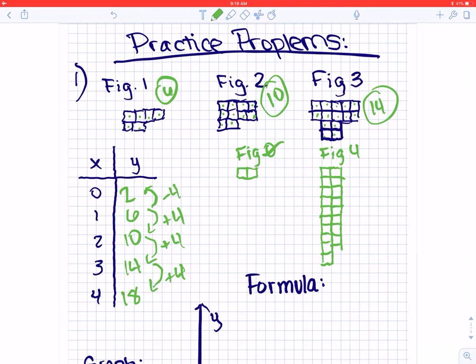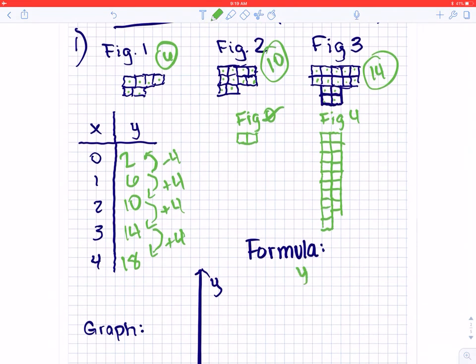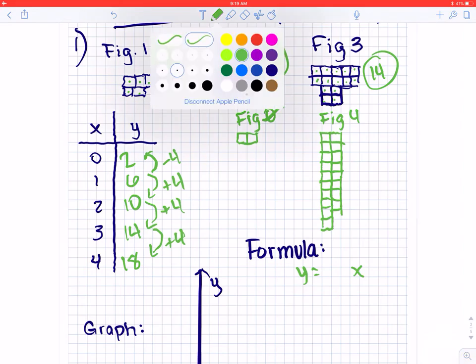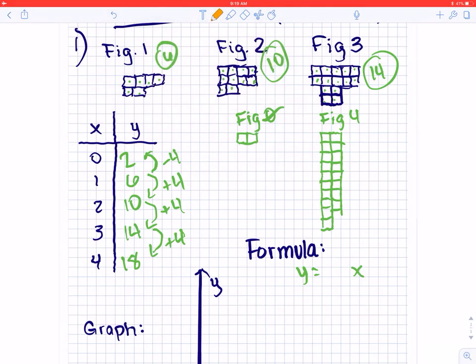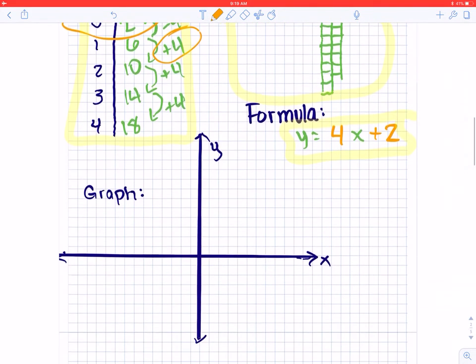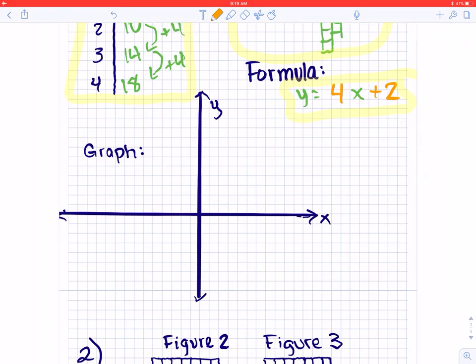Now I need to write my formula. So I have y equals x. So my pattern is changing by +4, so I have 4x. And my 0 pair is +2, so I have +2. So we have our table. We have our figure numbers drawn. We have our formula. Now we need to graph. So again, just like in our last video, we start with our b.